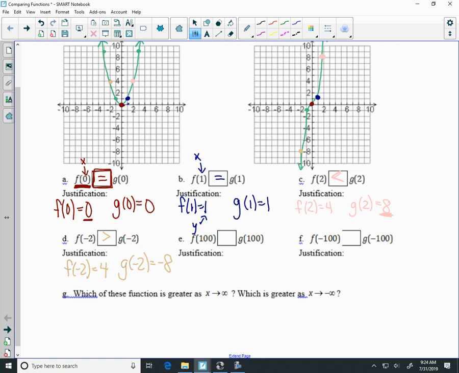So when x is negative, f of x is going to be greater than g of x because f of x is above the x-axis and g of x is below.